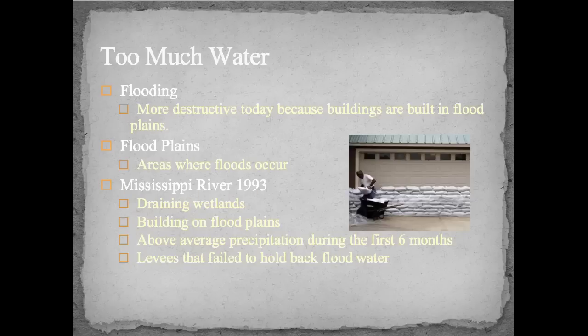The Mississippi in 1993, because of draining of wetlands and building on floodplains, they had above-average precipitation during the 6 months of a normal flood cycle, and the levees that are there to hold the floods back failed, and there was a huge flood in 1993.